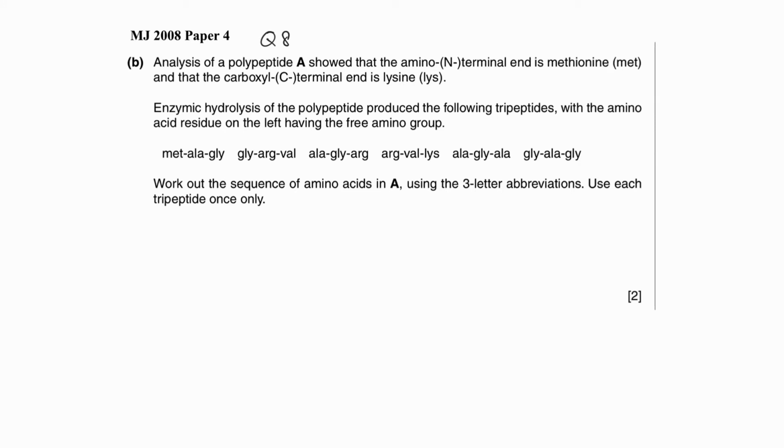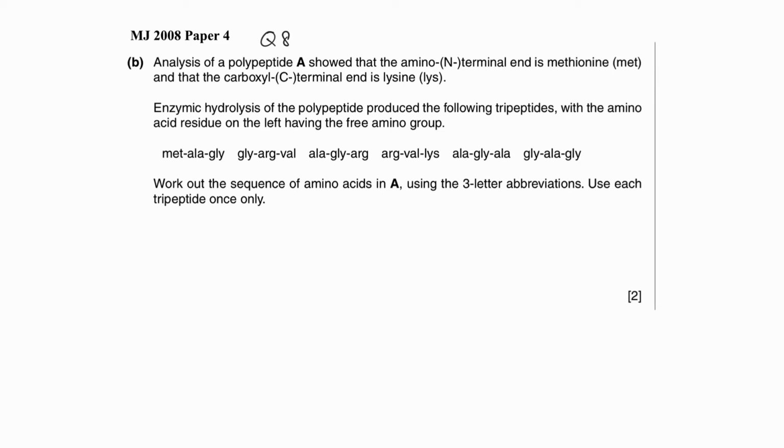And the question also wants us to start the sequence of the polypeptide with MET and end the structure with lysine. So let's see how we could move into it.